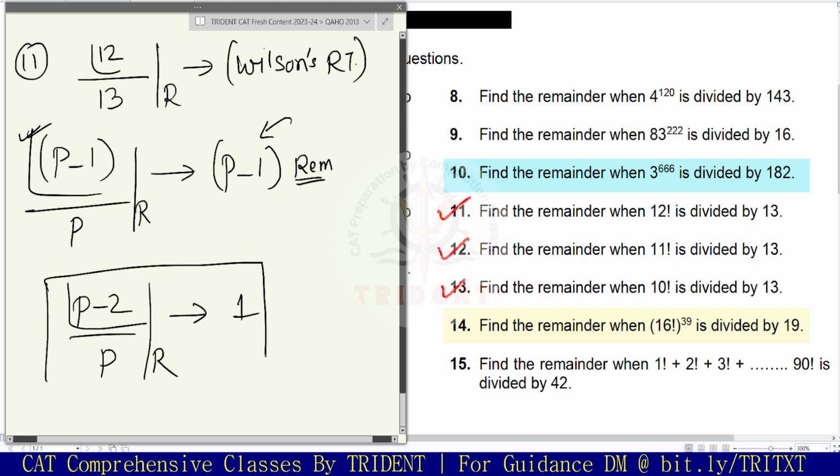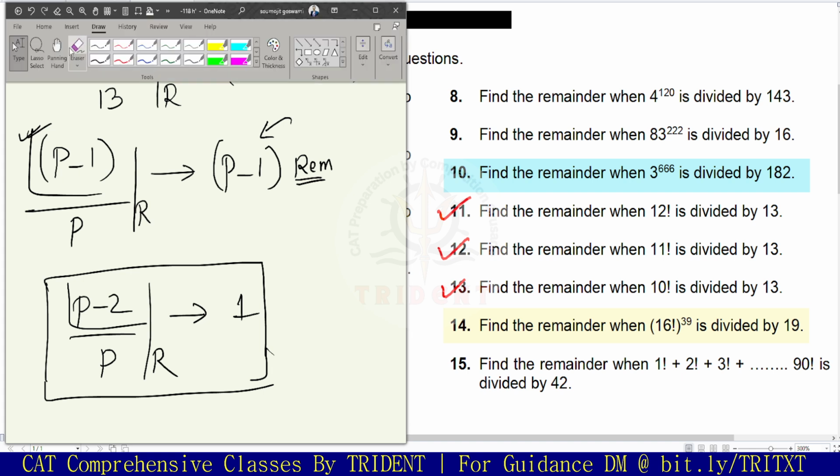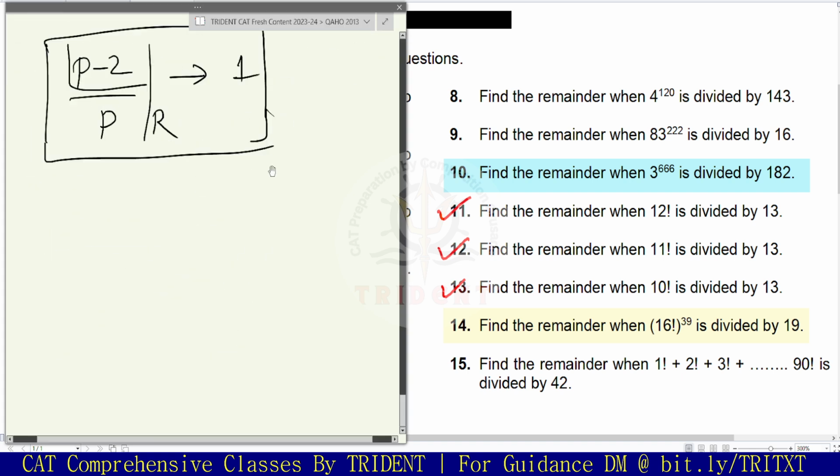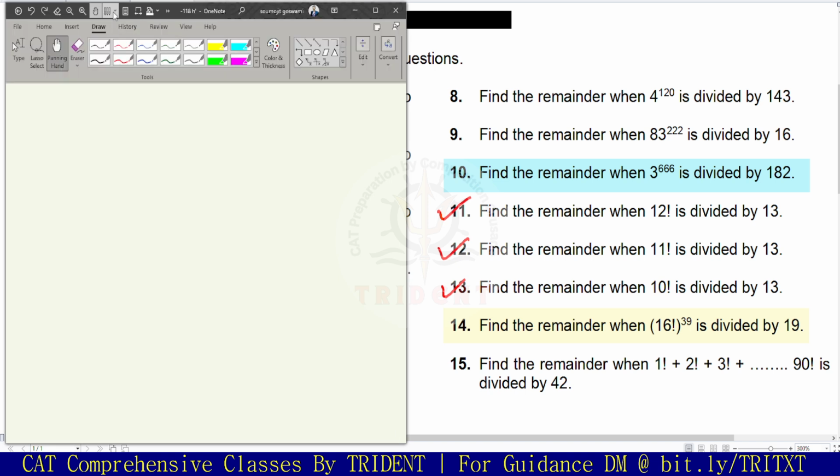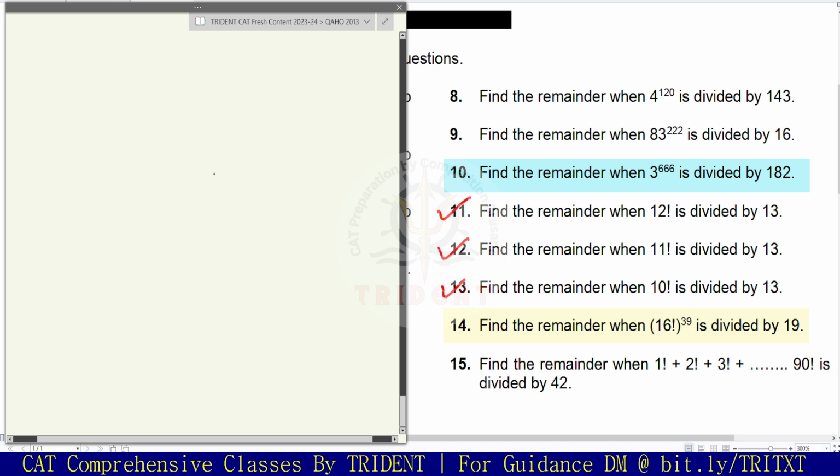There are only 3 cases, and don't worry, you will remember everything as I am explaining it, because there are only 3 cases. The third case, and you guessed it right, is (p minus 3) factorial by p. The remainder, now this one is a little tricky. This is (p minus 1) upon 2.